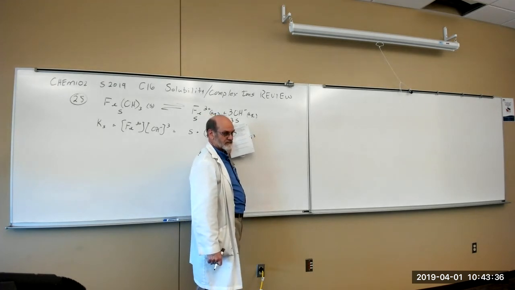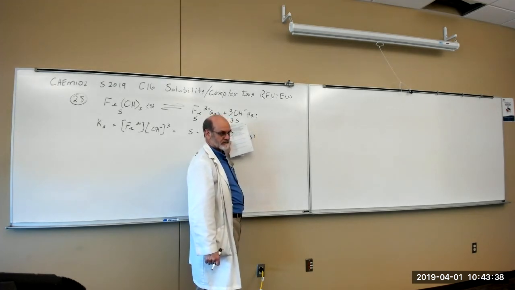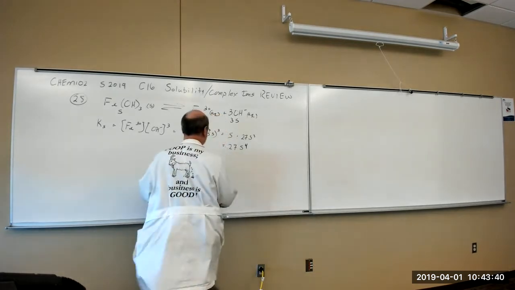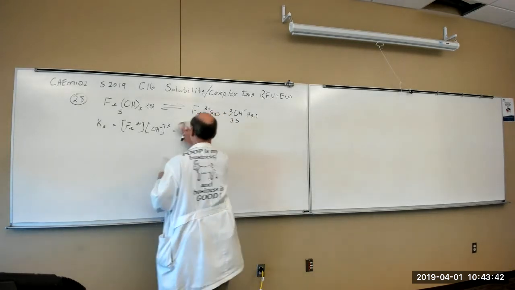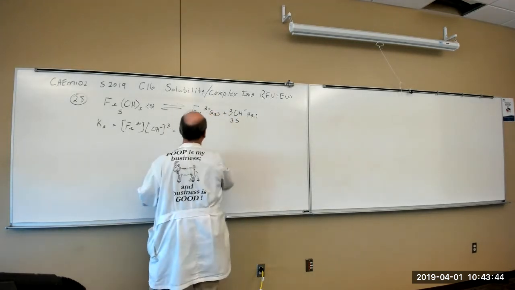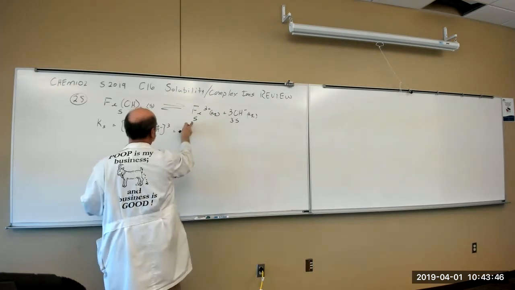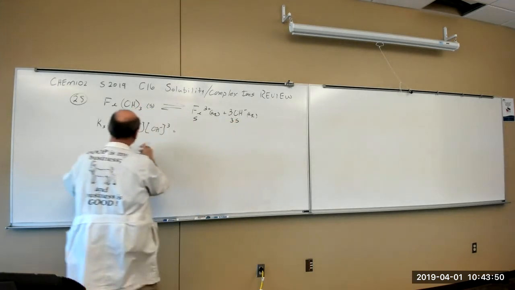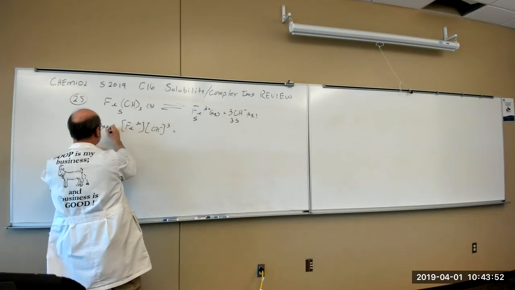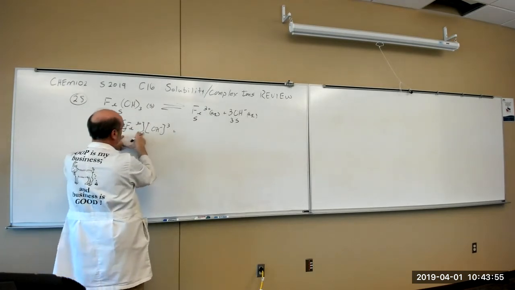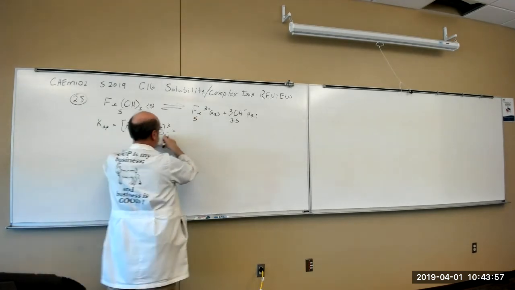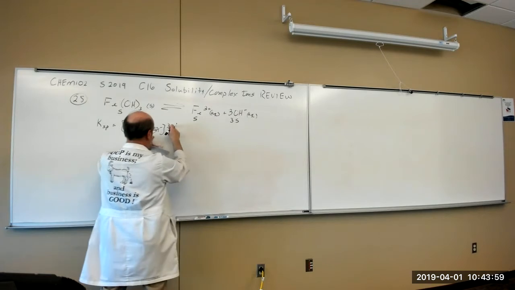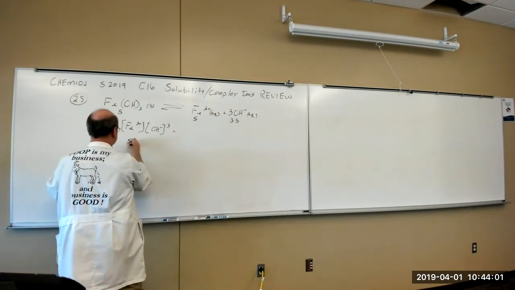Oh, because of the other X, or S in this case, sorry. You got this far, right? S and 3S for that one. Okay, so then you just need to be sure and write the solubility product expression. So it's going to be S times 3S cubed.